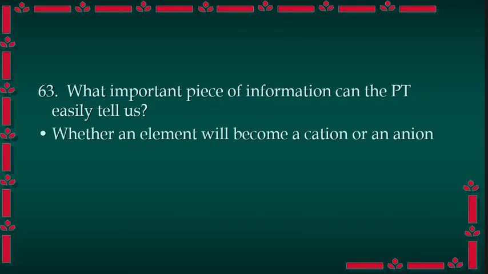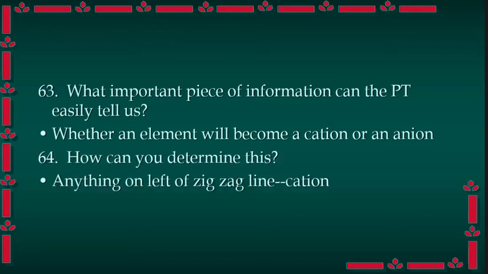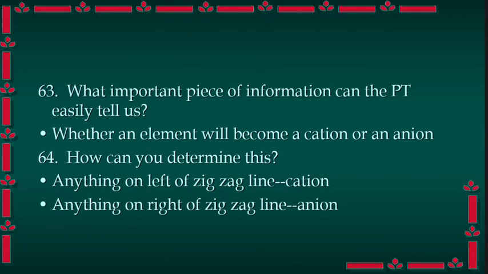Whether an element is a cation or an anion. How? Anything on the left of the zigzag line, positive. Anything on the right of the zigzag line, negative, an anion.